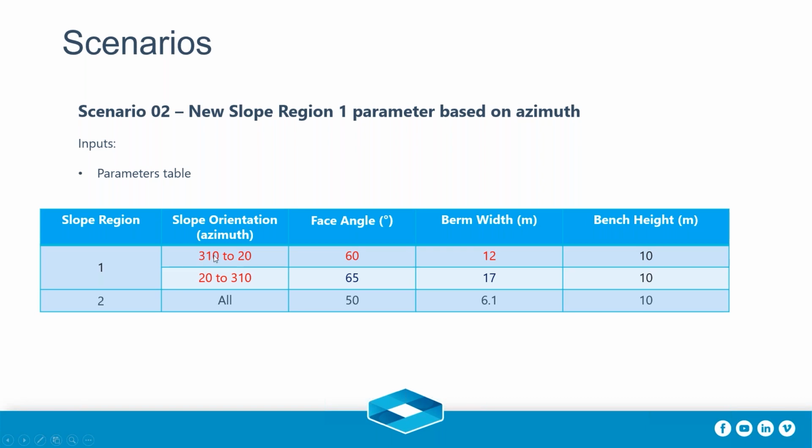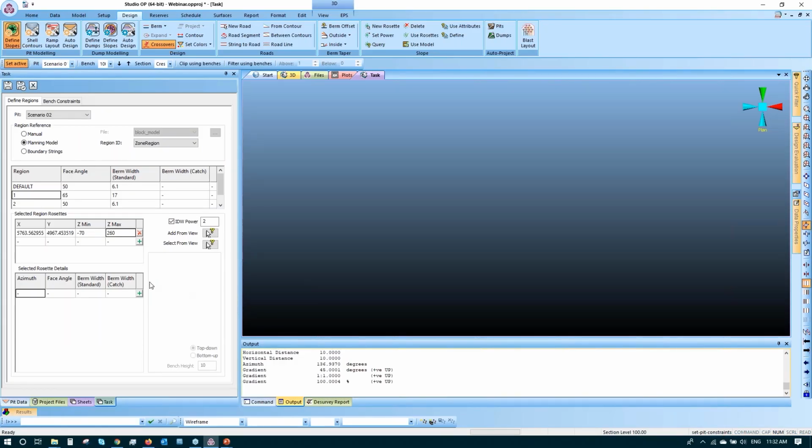So we want to create a range of azimuth between 310 and 20 and tell the software that the azimuths between this range have these geotechnical parameters. Then I will tell the software that from this other range, my geotechnical parameters will be these ones here. So going back to the software, you can start to set all parameters.